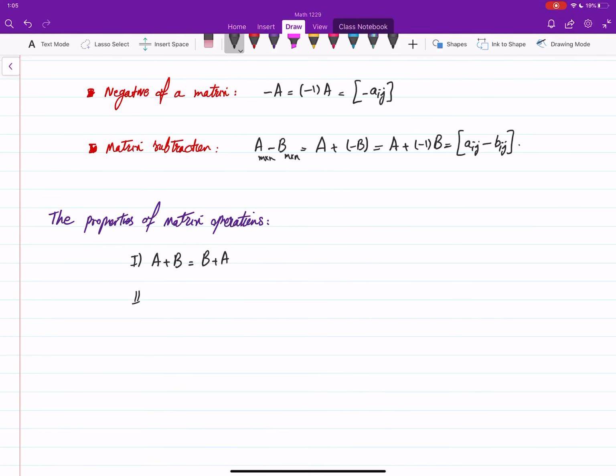The second thing is that if you multiply A by c plus d, it will give you the same result if you first multiply A by c and then multiply A by d and then add them. This is distributivity.